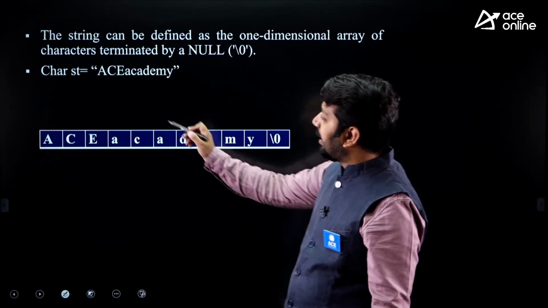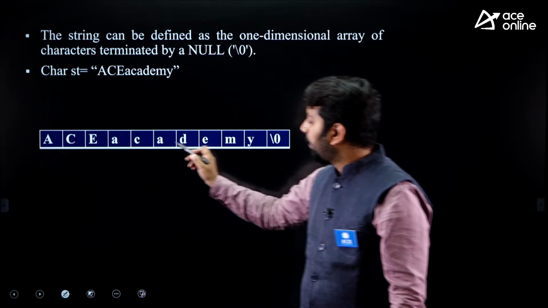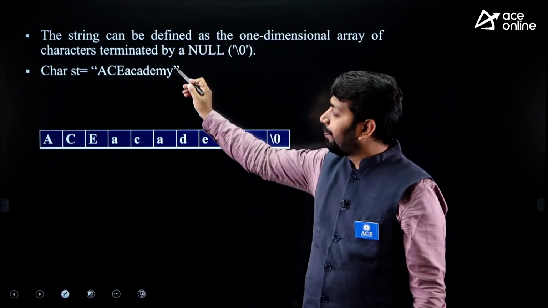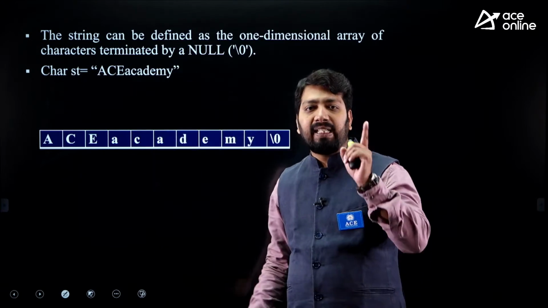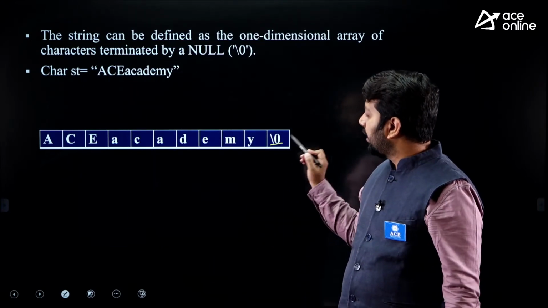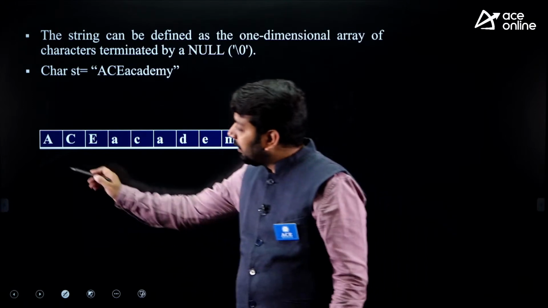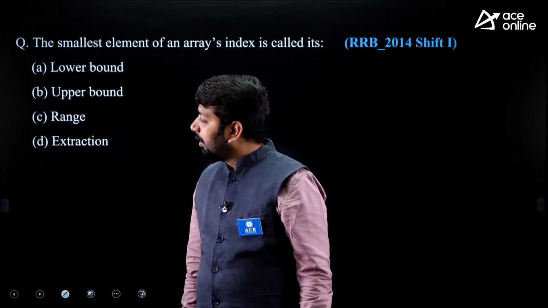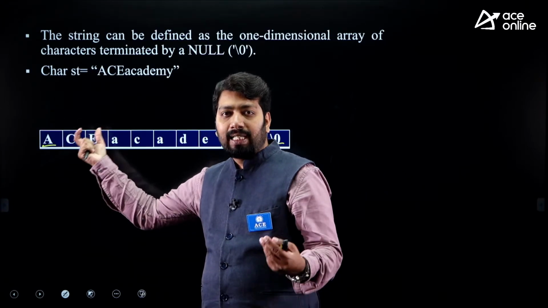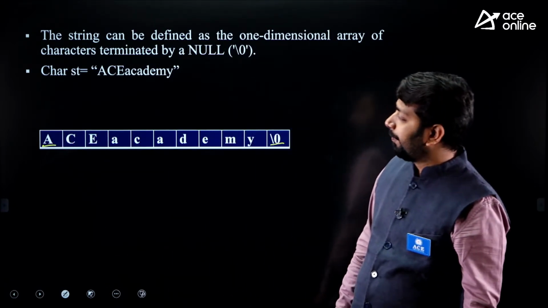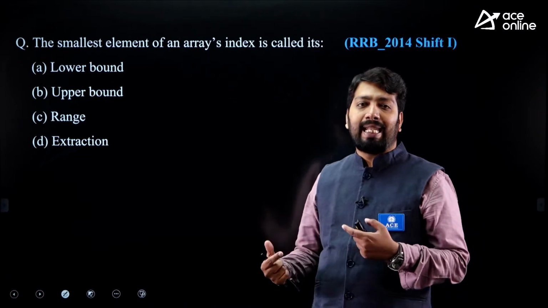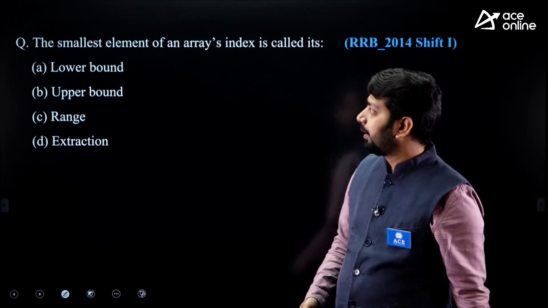For example, if I am writing Ace Academy, it will be stored like this, even though I am not mentioning null itself, but it is in double quotes. That means it is a string. So it is terminated by null. So what is the first character of your string? It is the first character. Fine. So string always starts from the first character of the string. It does not store the name of the string or size of the string.